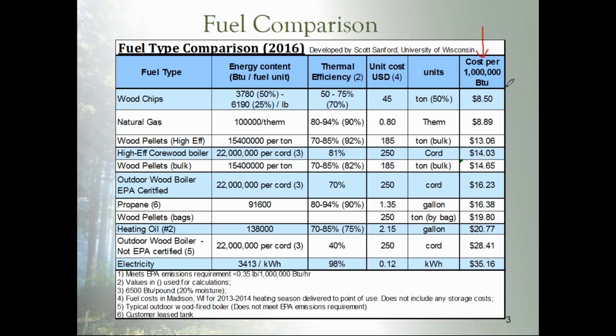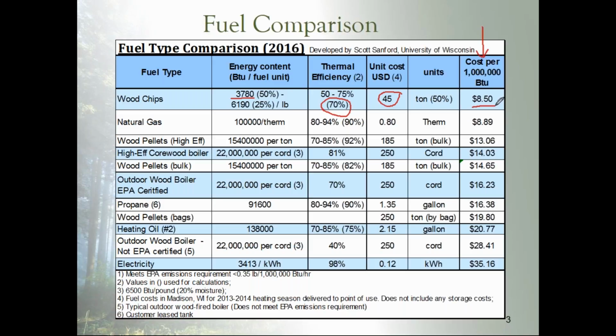Based on the costs that I have, yours may vary, and it varies with the years. The chart uses an energy content and the thermal efficiency of the combustion unit. The ones in parentheses are the ones used for this analysis, then a cost, and then it comes up with a cost per million BTUs.